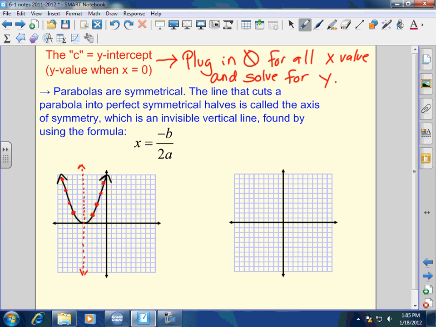Okay, that's the axis of symmetry. Now, how do you find the axis of symmetry? Remember the formula y equals ax squared plus bx plus c? Plug it into this formula here: x equals negative b over 2a. That will tell you where the axis of symmetry is, the line that is cutting it in perfect half. Does that make sense, guys?